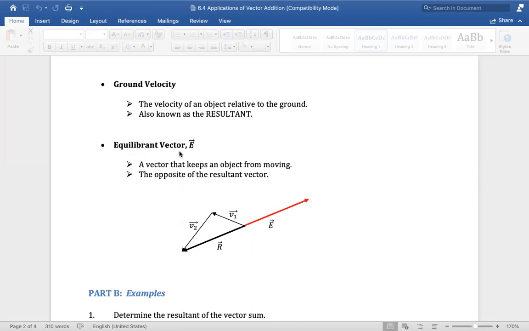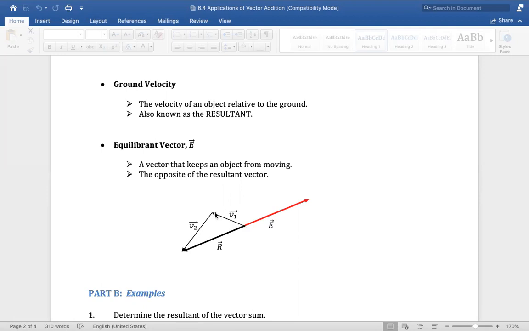The equilibrant vector, which we'll just call capital E, is a vector that keeps an object from moving, which is just the opposite of the resultant vector. Using this as an example, I have vector 1 and vector 2 set up as a head to tail method here.